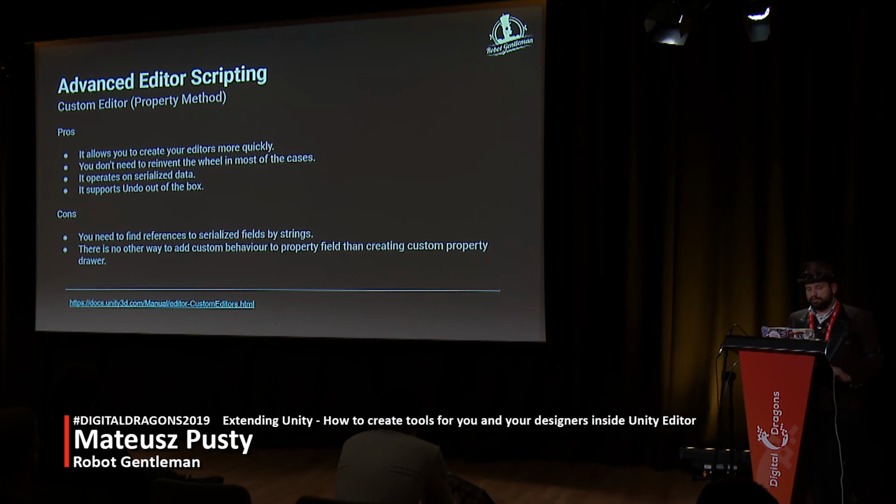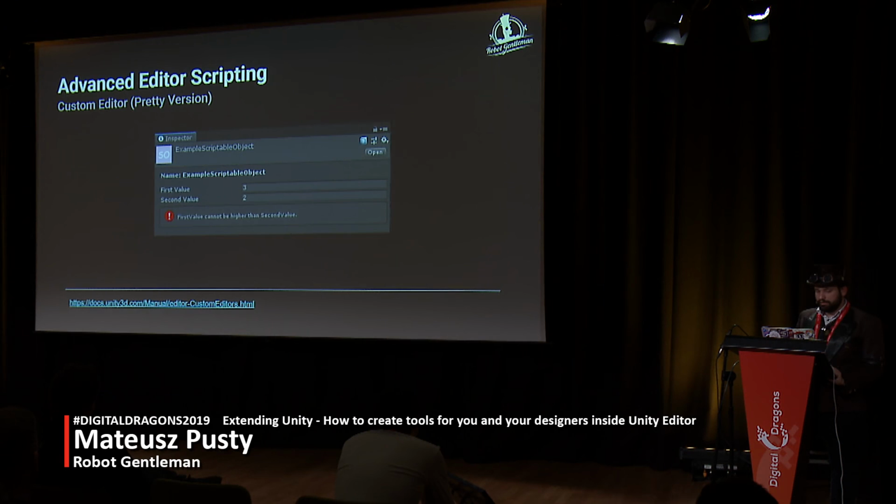And there is no other way to add custom behavior to the property field than creating a custom property drawer, which is normally a little bit more work, but can give you large benefits, and we will talk about it in a moment. If you want, you can look at the source code that I will provide to see how I achieved a little bit prettier version of the scriptable object that produces this nice help box with error sign.